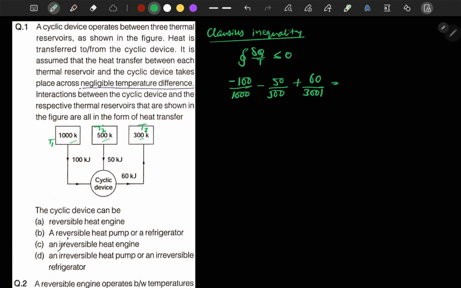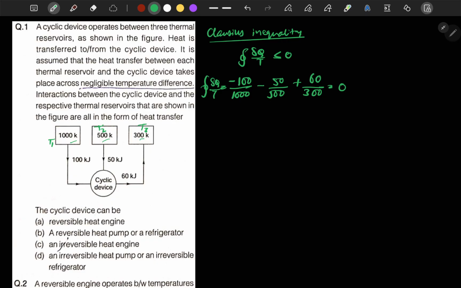This is the cyclic integration of del q by t, and let's calculate the value. So we get the value equal to 0.